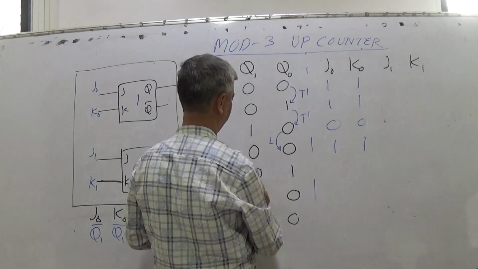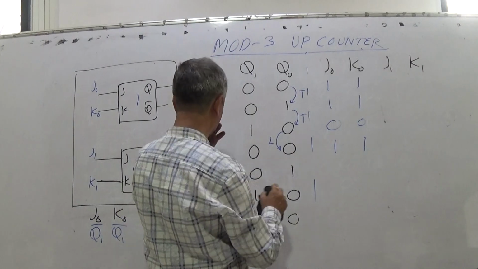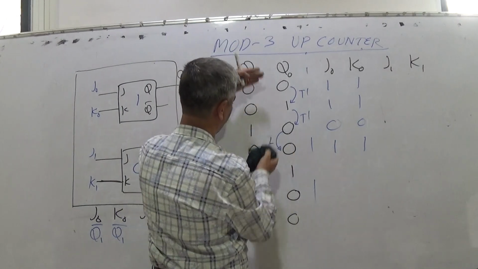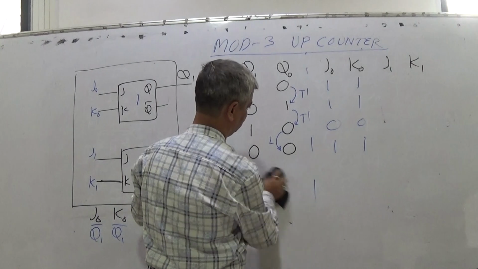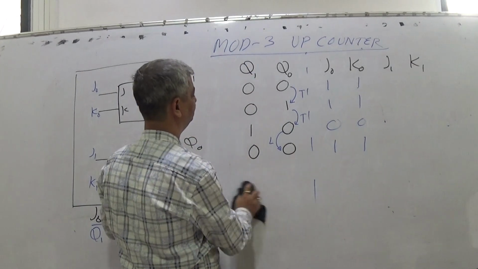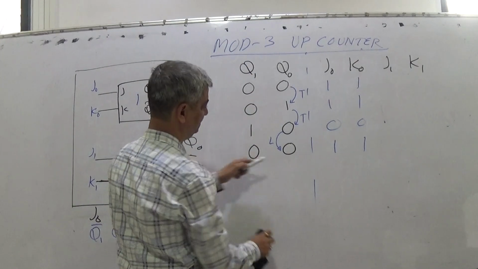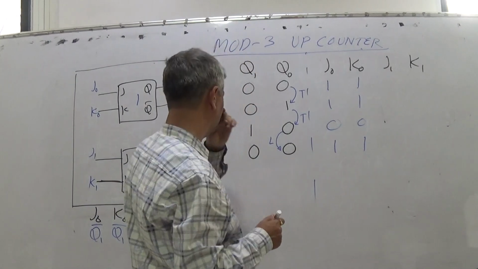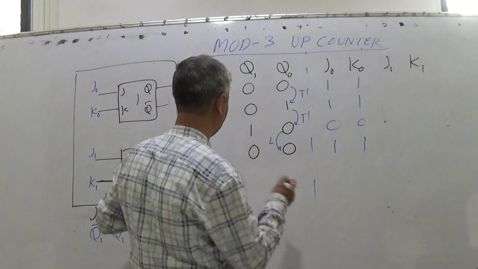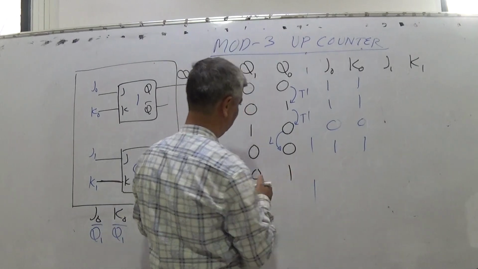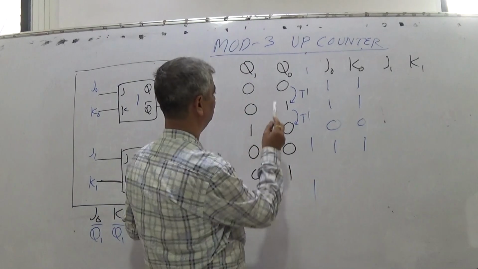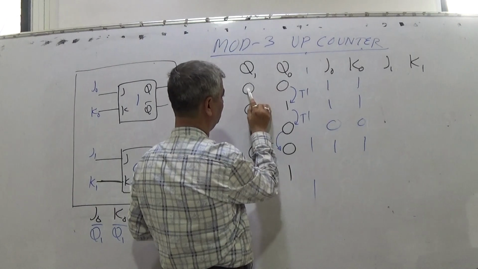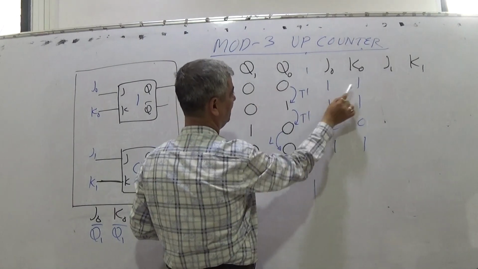So I think here the design is over because after it, it again repeats this one. Next is going to repeat in the same manner. If you want, I can write one more. So Q1 is 1, J0 is 0, K0 is 0.